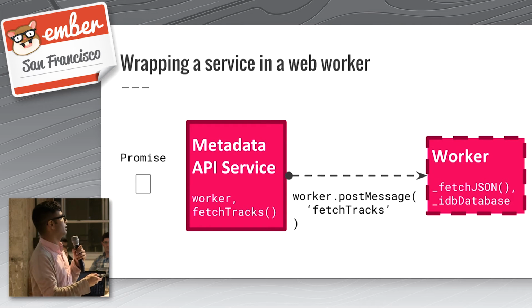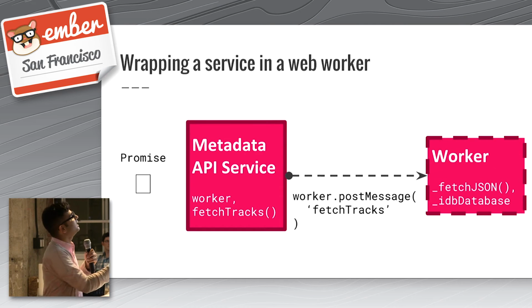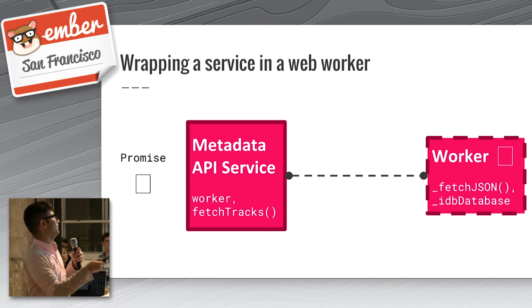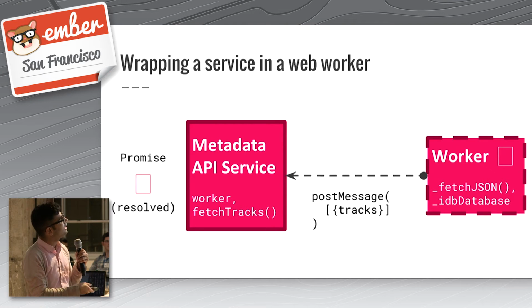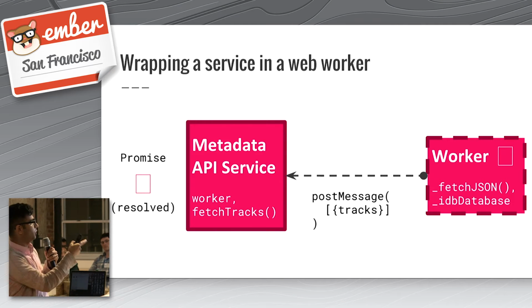And the metadata API service will return immediately a promise telling whoever's calling this, say your application route, I'm gonna get this, hold on. Then the worker is gonna work, you're still waiting for data to come back, and it'll post message back the tracks, and then metadata API can resolve it, right? So you're talking through post message and on message.